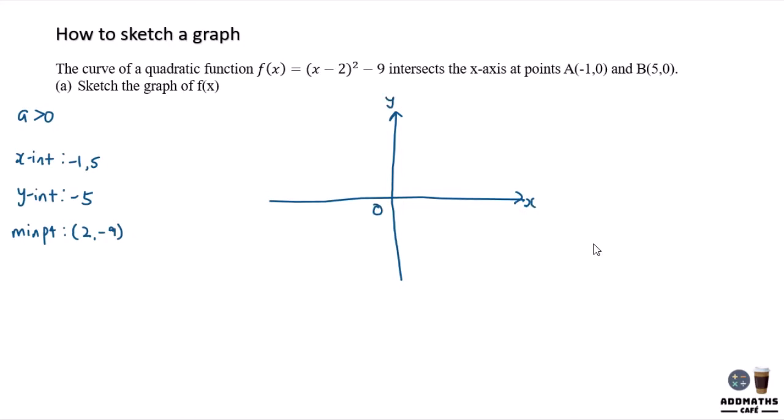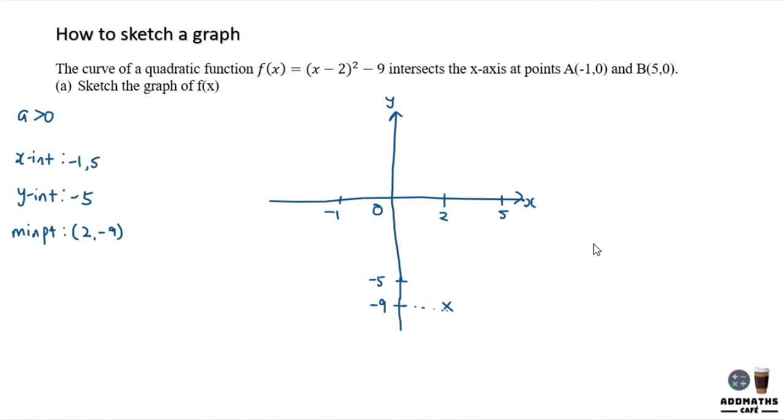What we do is label everything down. My x-intercept is negative 1 over here, and 5 will be over here. My y-intercept will be negative 5. And my minimum point will be at 2 and negative 9. So my 2 is here, and negative 9 is somewhere here.